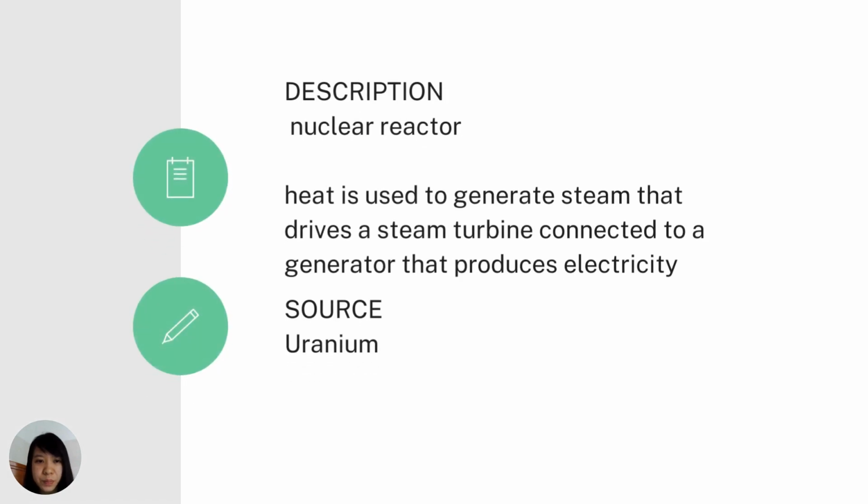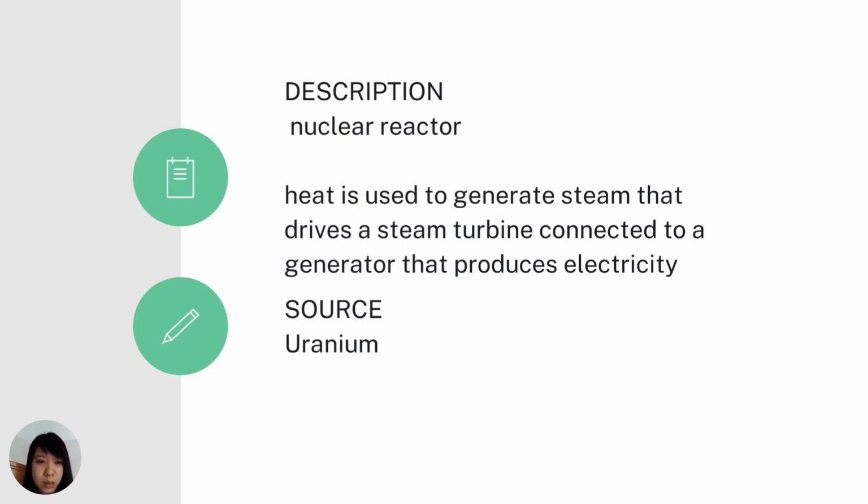First, nuclear power. Nuclear power is based on the nuclear reaction with the reactors, with uranium, and is based on the heat. The heat is used to generate the steam that drives a steam turbine connected to the generator that produces the electricity.